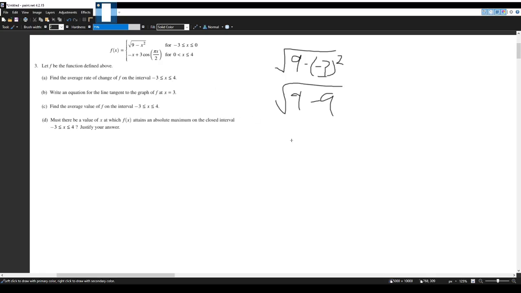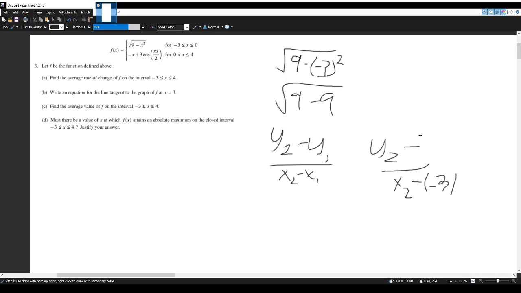So we'll do rise over run: y2 minus y1 over x2 minus x1. We know that x1 is -3, and we know that y1 is 0.